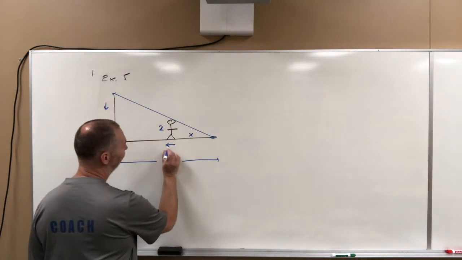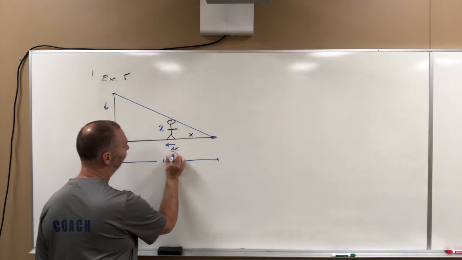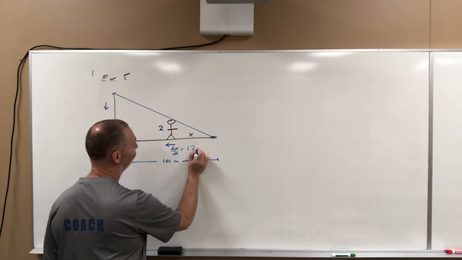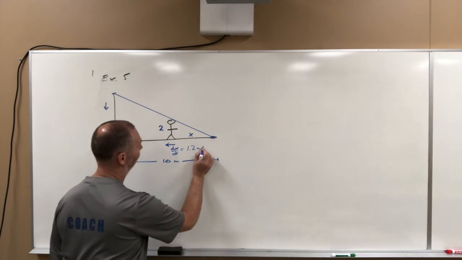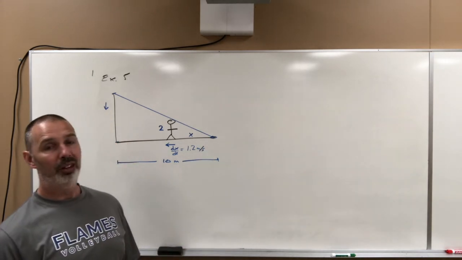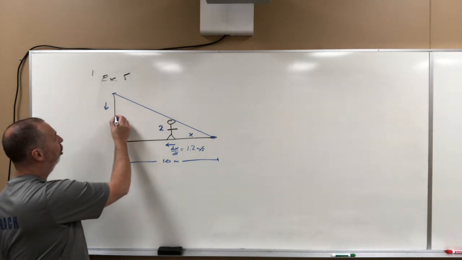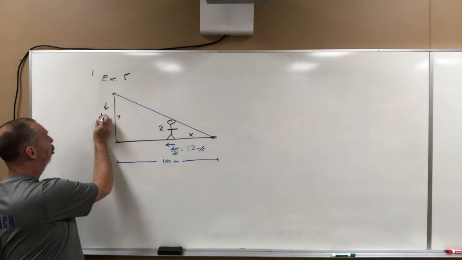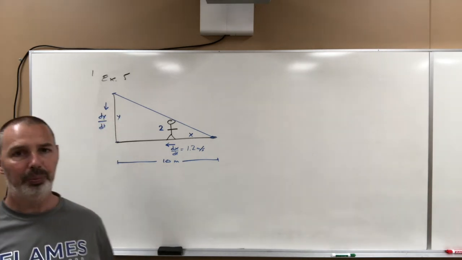That means this is changing at dx/dt, our rate given in the question of 1.2 meters per second. The vertical one that's changing I'm going to call y again, and this changing shadow height will be dy/dt.